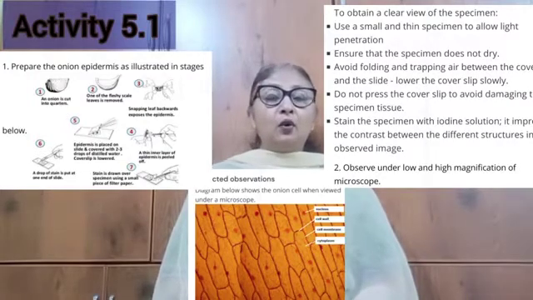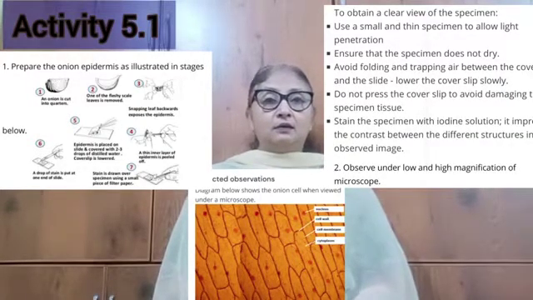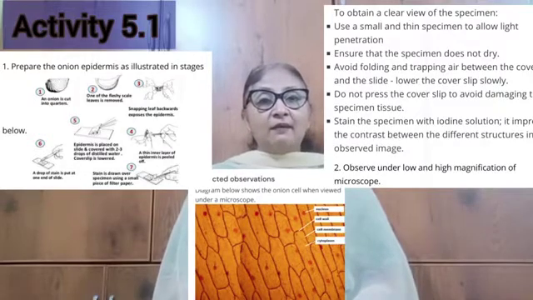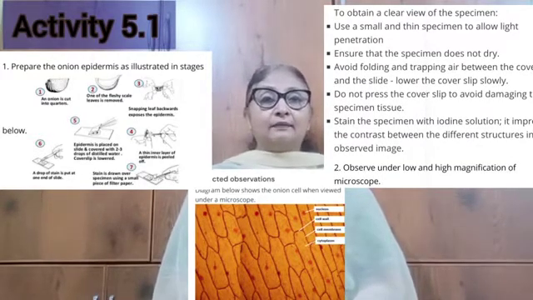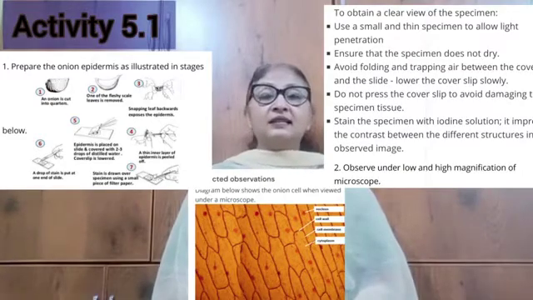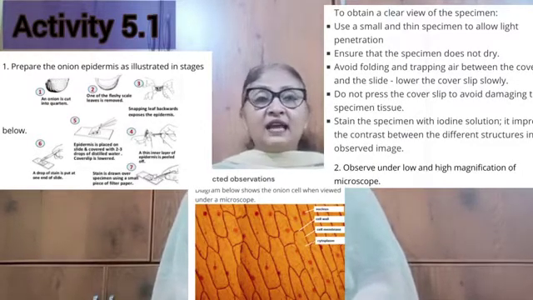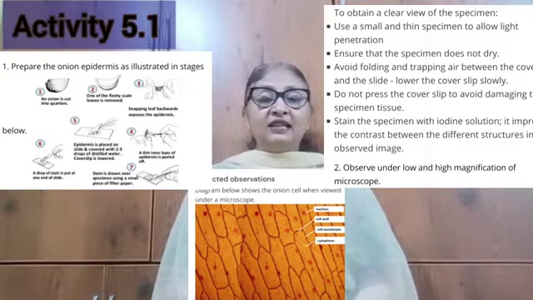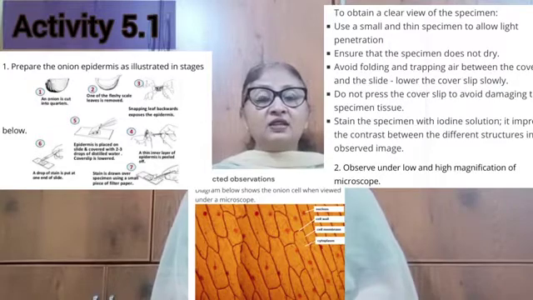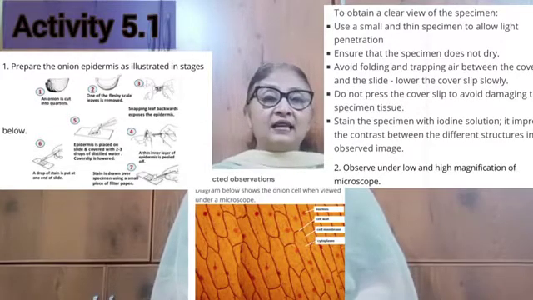What can we conclude from this? All organisms are made of cells, and whatever be the size of the organism, the cells are the same. Whatever size the onion bulb we take, when we observe it under the microscope, the cells are of the same size and similar.